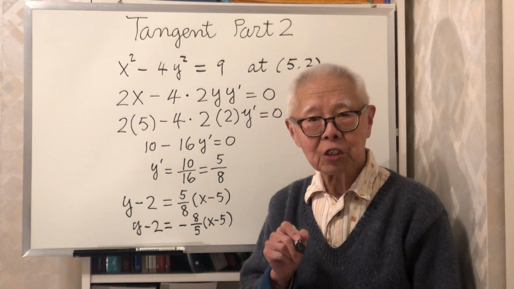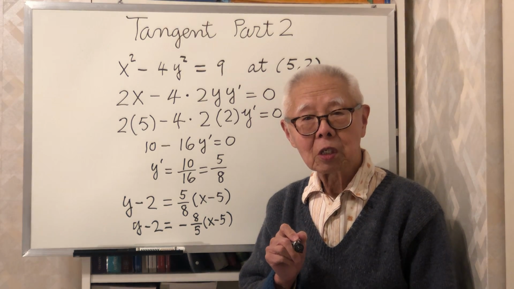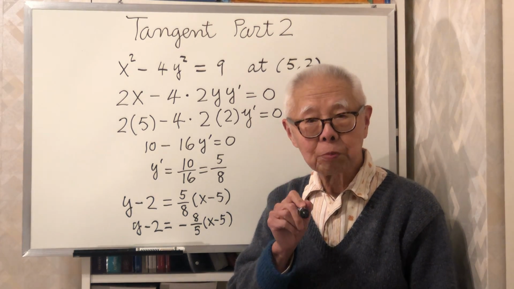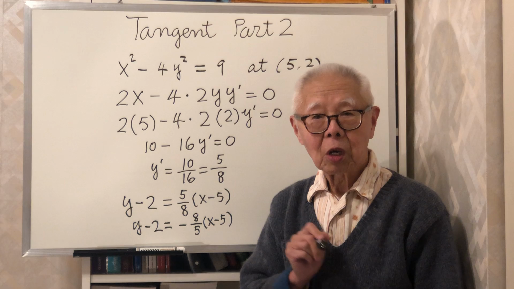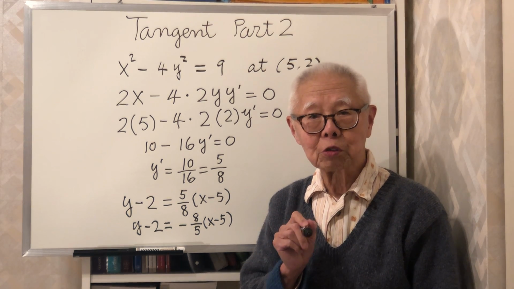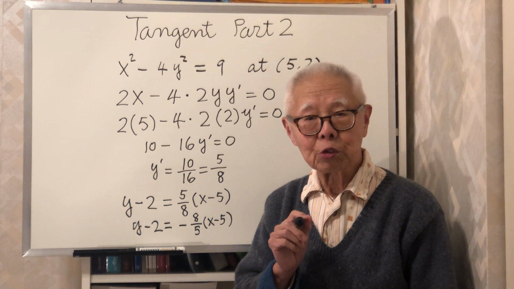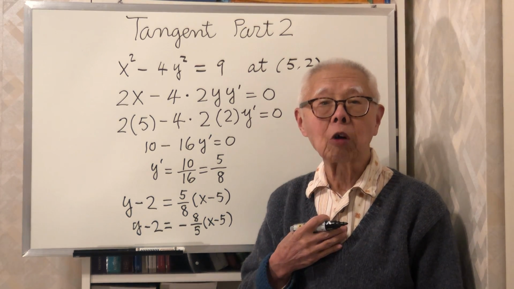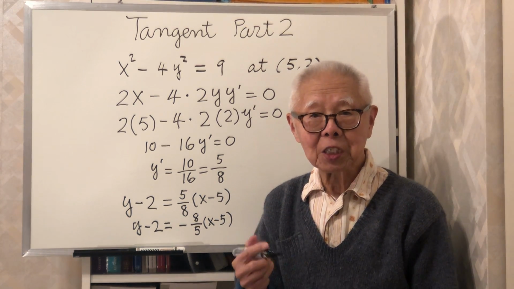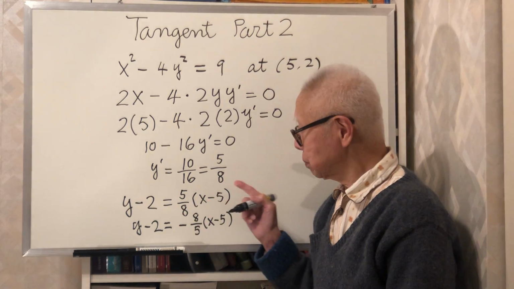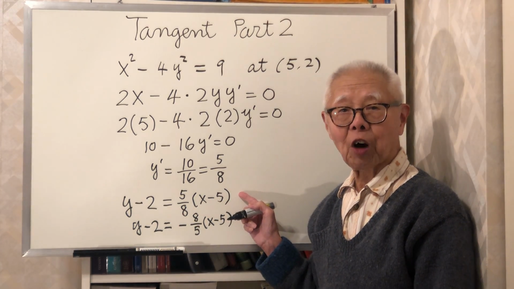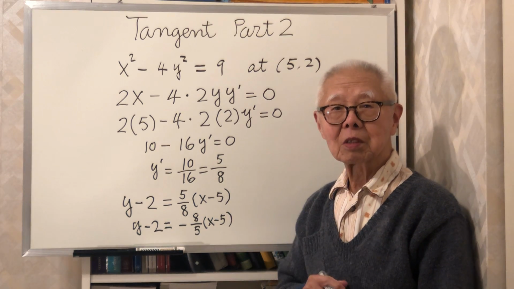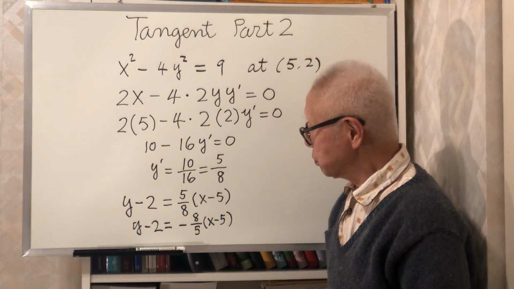You do not need to change it to slope intercept form or change it to the general form. You do not need to do that. Of course, this is my own opinion. I am very satisfied if you get this form and this form. All right?